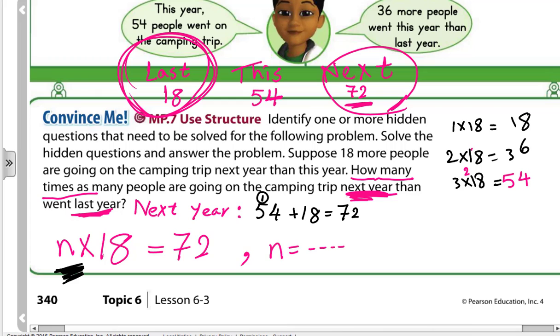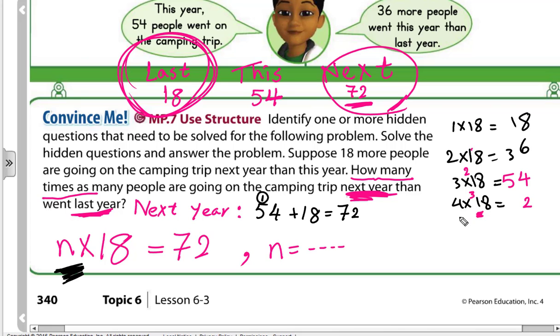Okay, let's continue. 4 times 18: 4 times 8 first equals 32. So put 2 and carry up 3.